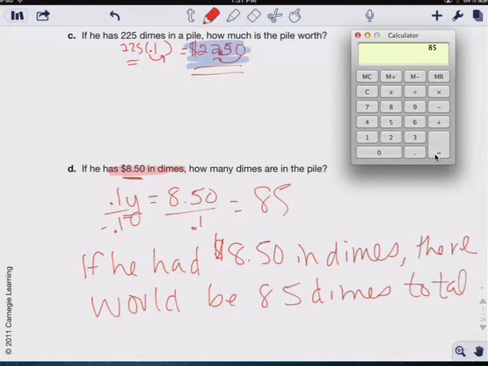Okay? 85 times 10 cents, you get $8.50 to check your answer.